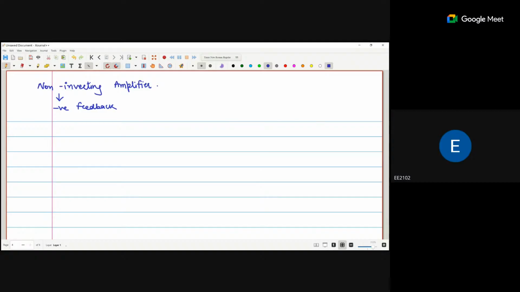Only in that scenario do we consider positive feedback; otherwise, we consider negative feedback every time. So for the non-inverting amplifier, we have to maintain negative feedback, and if it is negative feedback, we have to maintain the virtual ground also.